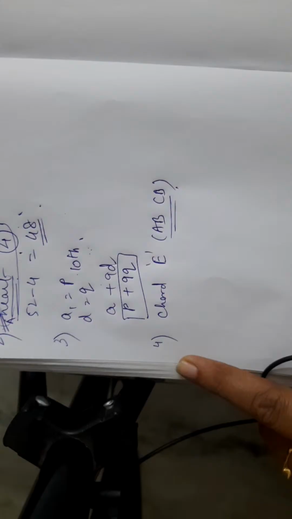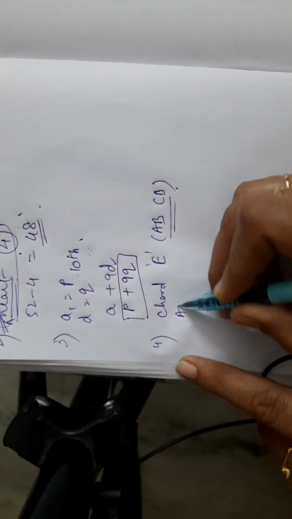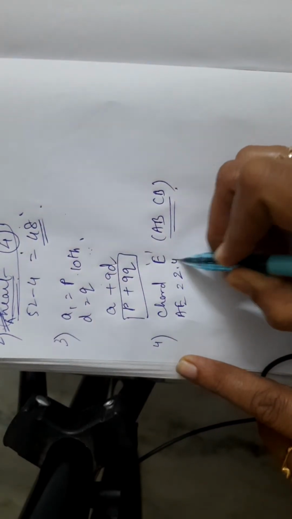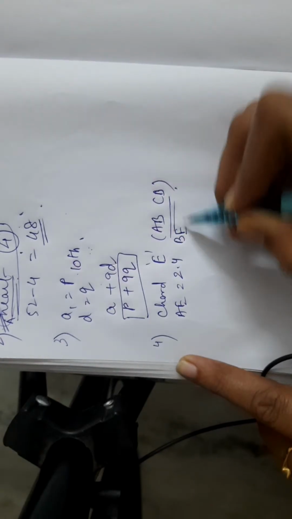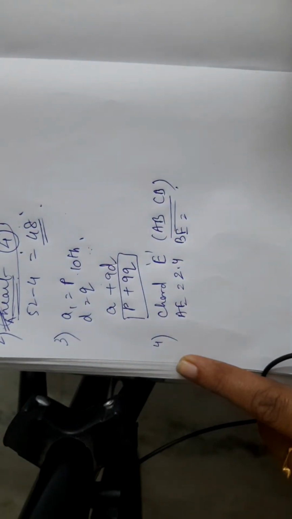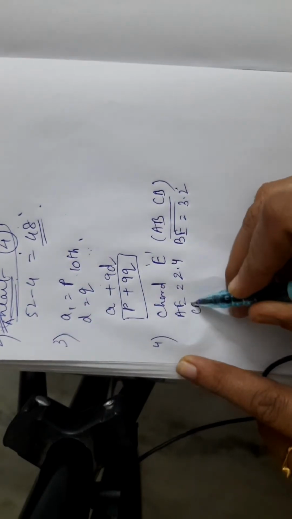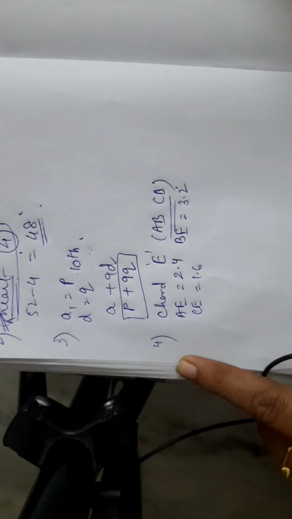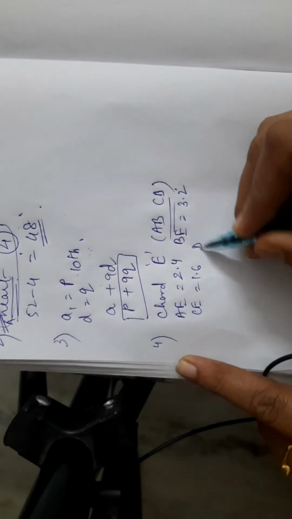We need to find, AE is given 2.4, BE 3.2, CE 1.6. We need to find the length of DE.